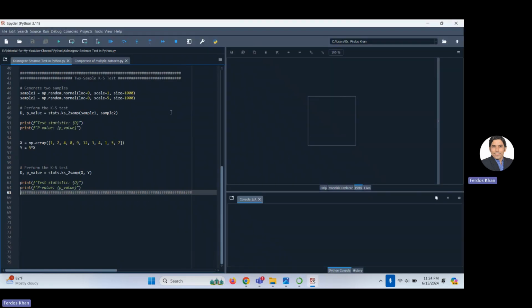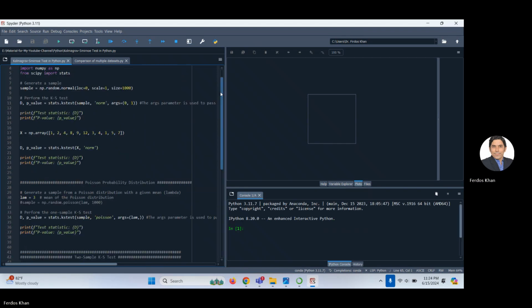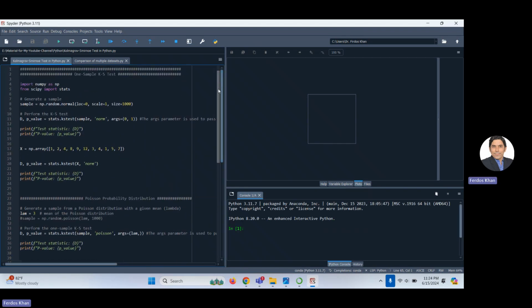Okay, this is Spyder, and this is the code. This is for two sample, and I need one sample. Okay, and this is one sample.